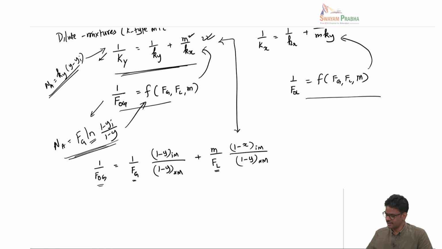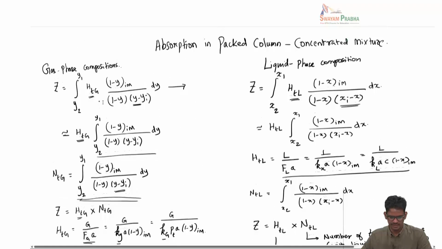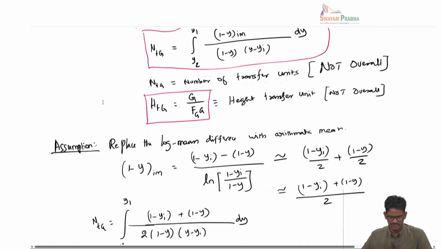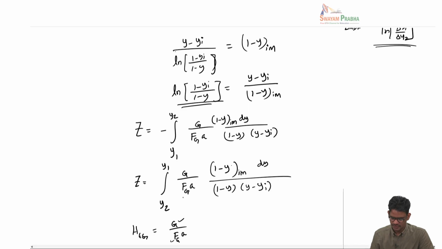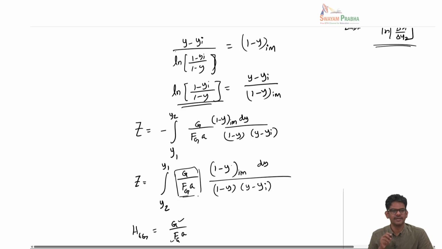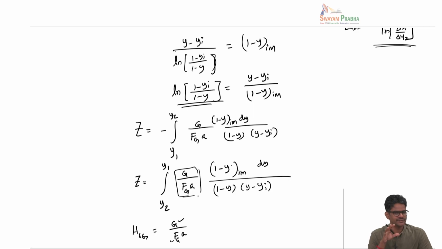So if I go back in the derivation of these equations here, you see that I said G is changing, but Fg also will change, but the group of terms together is found to be empirically almost constant. So I can take the group of terms out, but not individually.